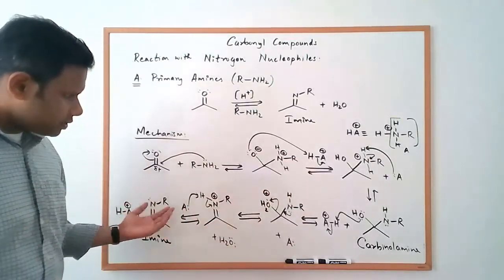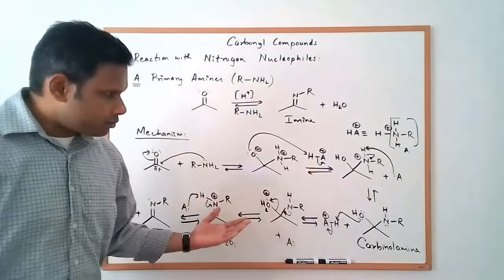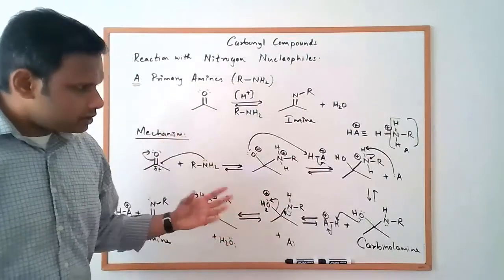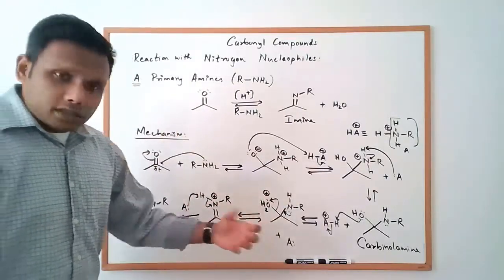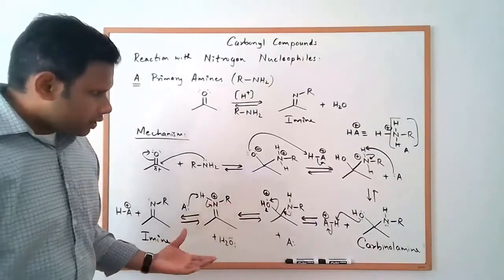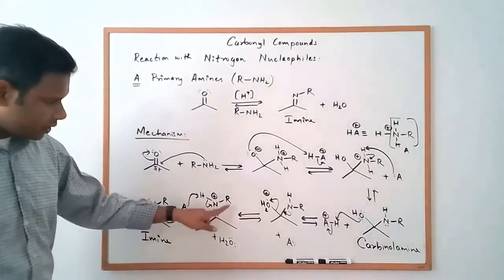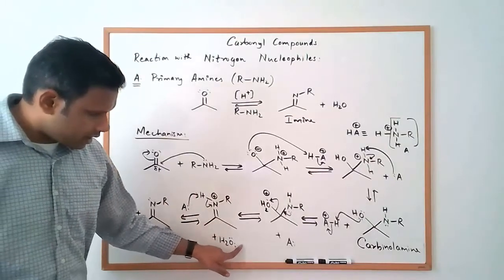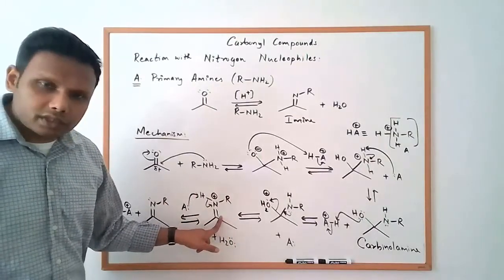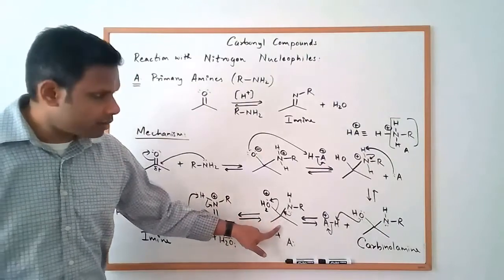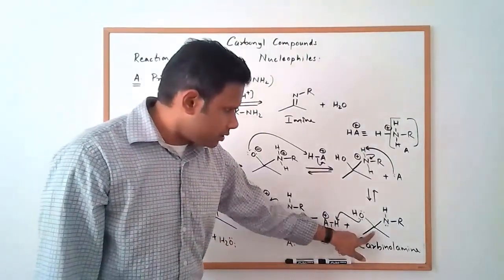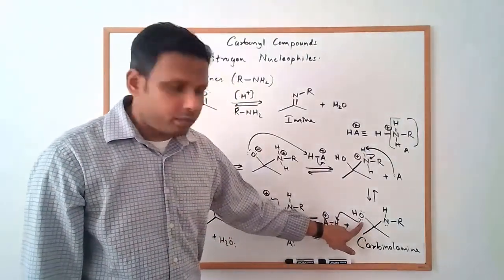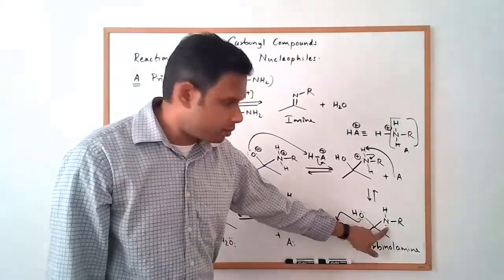All of these steps again are reversible, because if you look at any step, there is a possibility of this reaction going back. For example, if you look at this intermediate here, if it is attacked by the water molecule, if water comes and attacks that carbon, that's taking us back. If you look at this intermediate, we have the oxygen with its lone pairs and the nitrogen with its lone pairs.